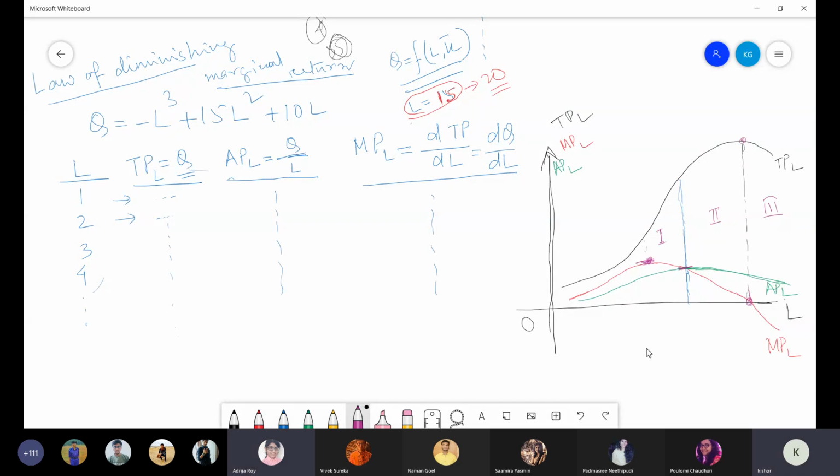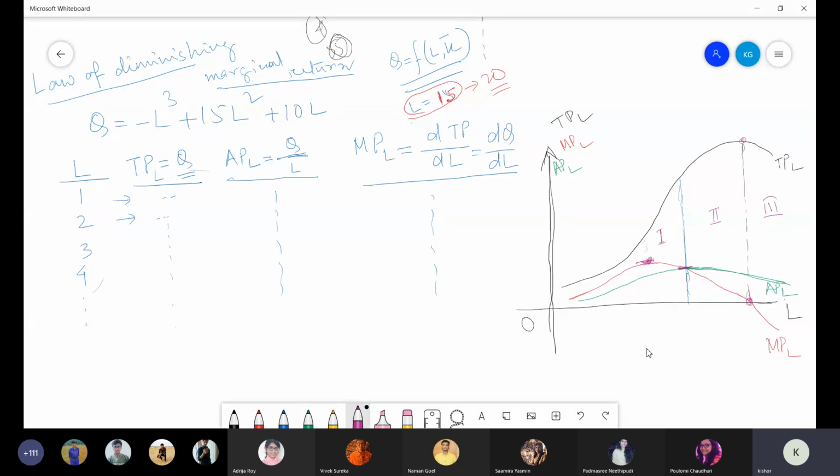Some of this concept I am yet to explain to you, so do not worry if you are making a mistake, because here it is a little bit related with cost also. No doubt in stage 1, marginal product is maximum, but in all production we are basically concerned about average product and average cost.